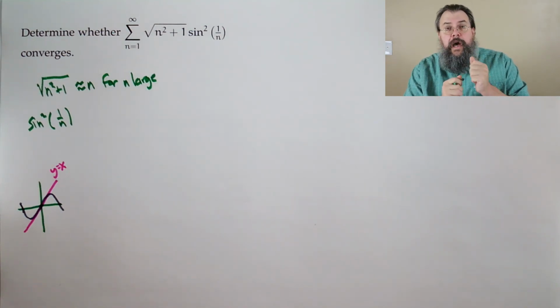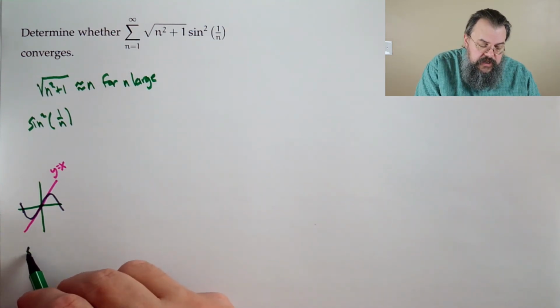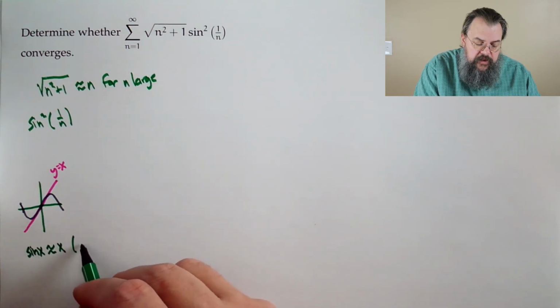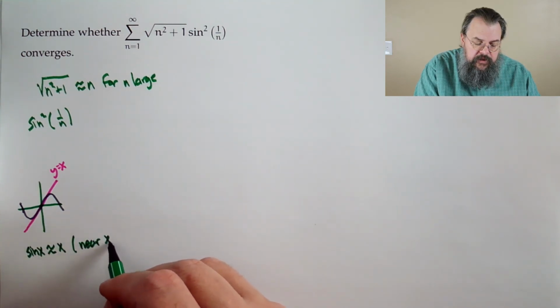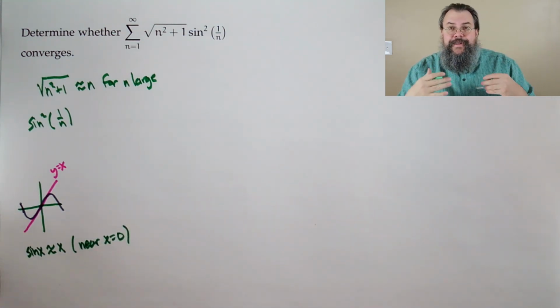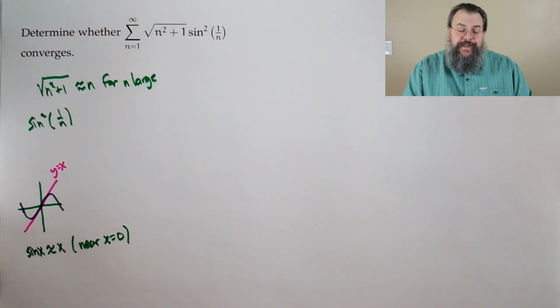So when we're near x equals 0, our conclusion is that sine of x is about x. This is, again, going back to our Calc 1 days. And, oh, yeah, function behaves like tangent line near the point of tangency.